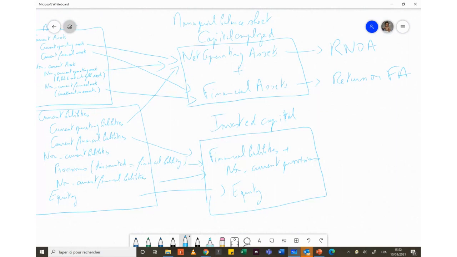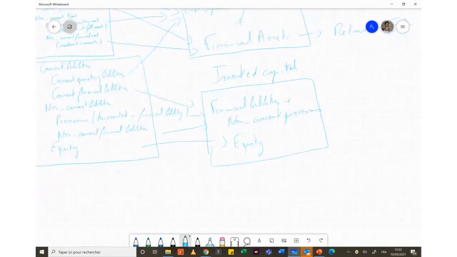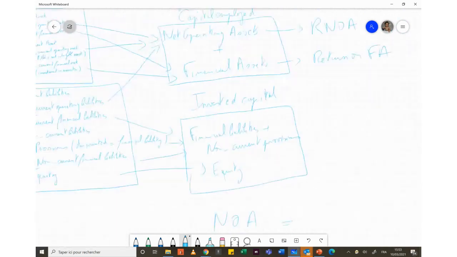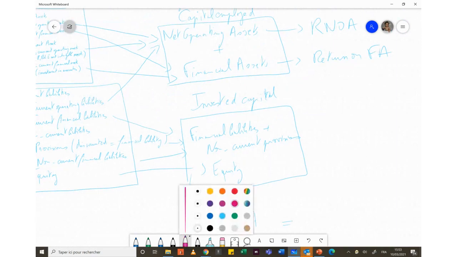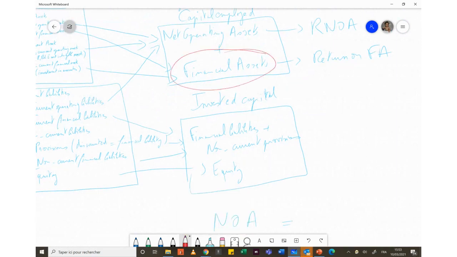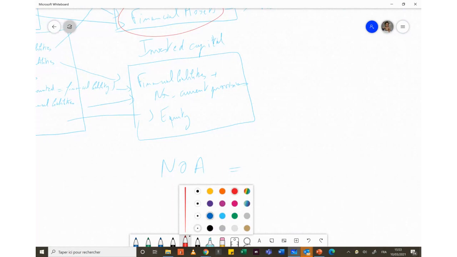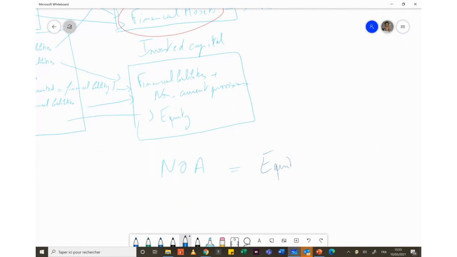You can have also another presentation. You keep only the net operating assets in one side. So it means you don't keep the financial assets in this part. If you don't keep the financial assets here, you put in minus on the other side. So the other presentation, in this case, net operating assets equal equity plus the net debt.